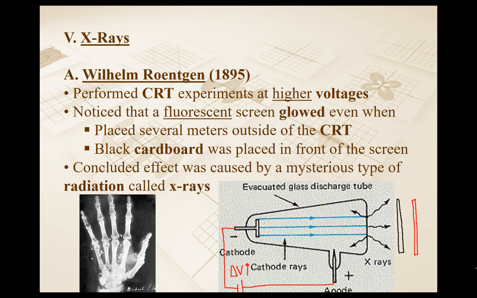He suspected it was some kind of form of radiation that the tube was emitting, although because he wasn't sure what the tube was emitting, it was a bit of an unknown form of radiation, he just called it an X-ray. So the X in X-rays is just making a reference to some kind of unknown quantity, I suppose. I'll come back to discussing the image of the person's hand a little bit later and talk about some of the other properties of an X-ray.